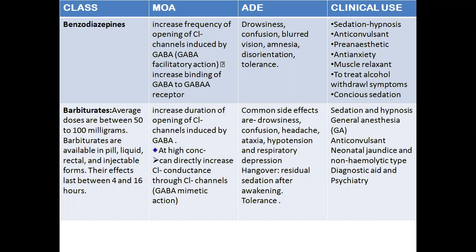There are several classes, but a broad classification of benzodiazepines and barbiturates is covered in this session. Benzodiazepines include diazepam, oxazepam, lorazepam, and barbiturates include phenobarbital, methylbarbital, pentobarbital, secobarbital, etc.